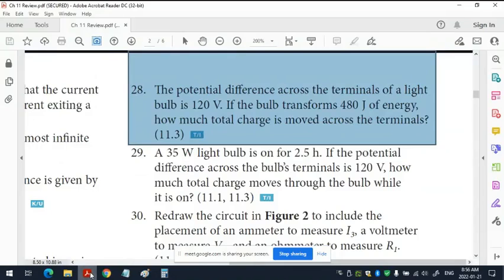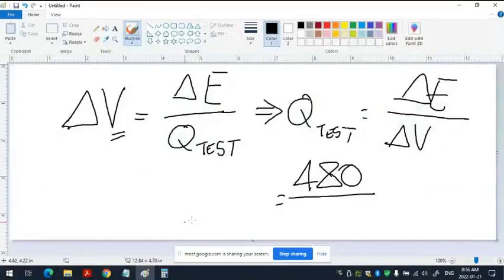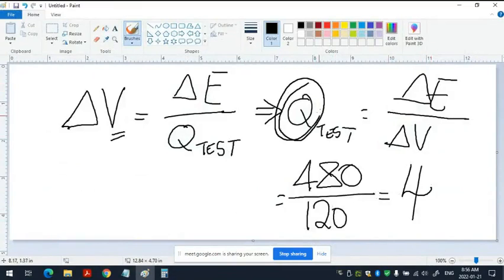And how much voltage? 120. How much is that? For what? 4 coulombs. So 4 coulombs of charge have passed through if 480 joules of energy were needed with 120 volts of voltage difference. Okay?